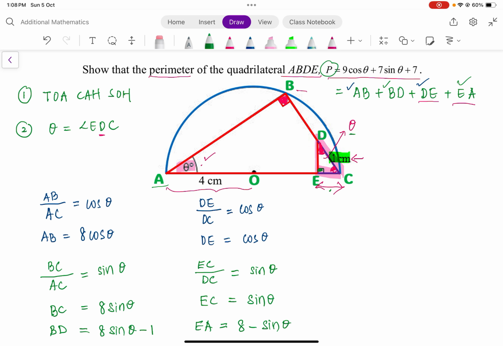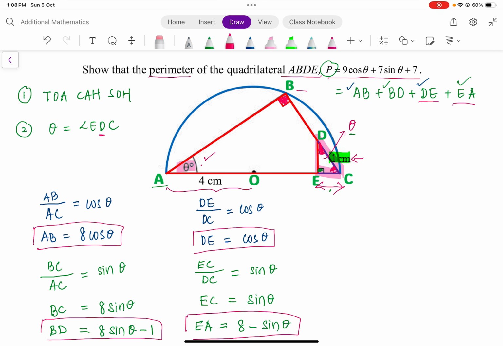So what I need to do is put everything together. I already have AB equal to 8 cosine theta, BD equal to 8 sine theta minus 1, DE equal to cosine theta, and EA equal to 8 minus sine theta.